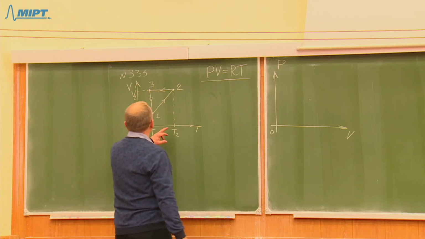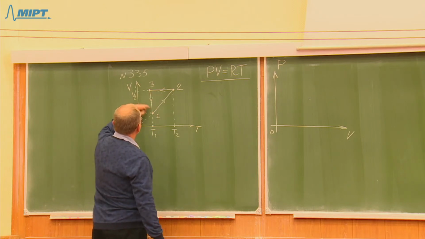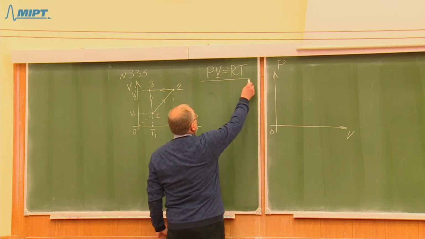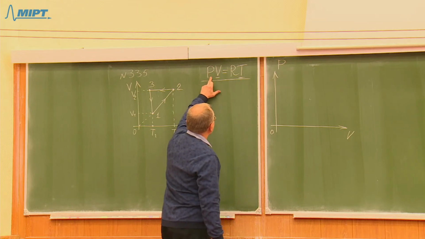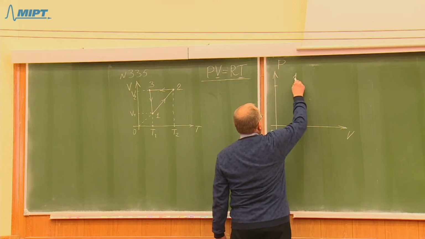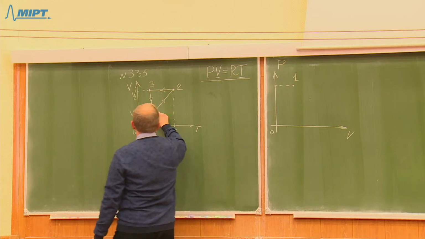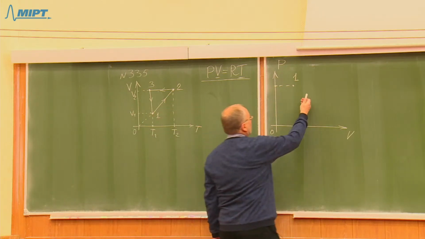So if we have volume in the process 1, 2, the gas volume is directly proportional to the gas temperature. If you see here in this equation, if volume is proportional to temperature, then pressure is constant. It means that the initial pressure in state 1 remains constant while the gas is transferred to state 2.